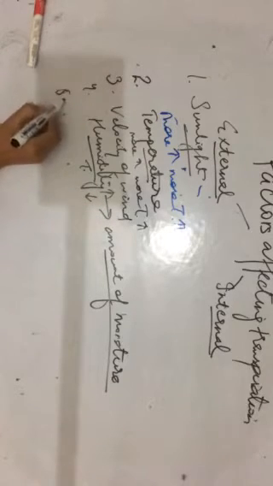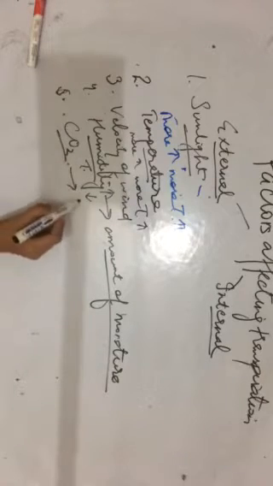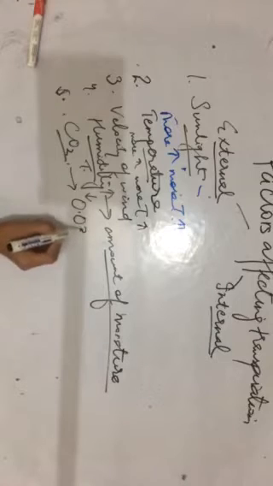Factor number 5 is the amount of carbon dioxide. Remember this thing, that the plant will always take in carbon dioxide when it is in proper amount, that is 0.03. This is the optimum level of carbon dioxide that the plant will take inside.